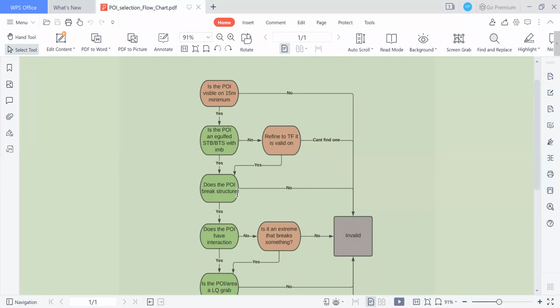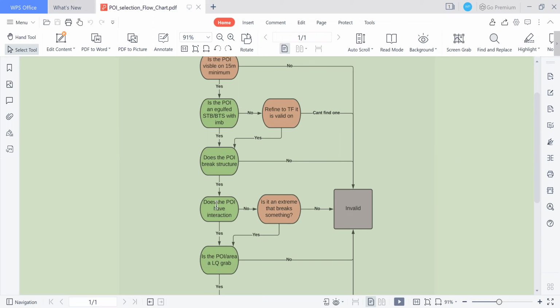Now, does the POI break structure? BOS, you all know what BOS is. If it breaks structure, then you go to the next question. If it doesn't break structure, it's invalid. As simple as that. Now, does the POI have interaction? I'll explain this when I start explaining it unit after unit. You understand?